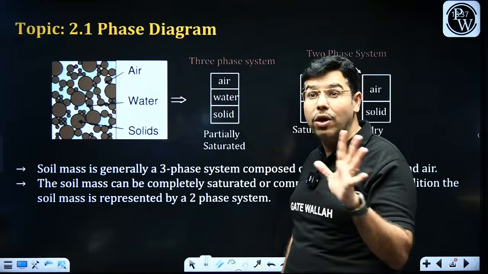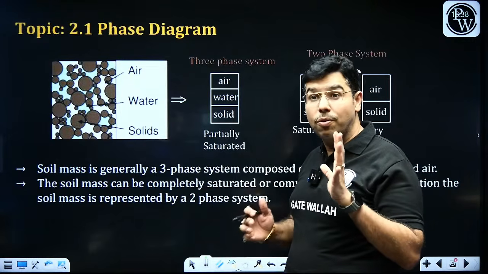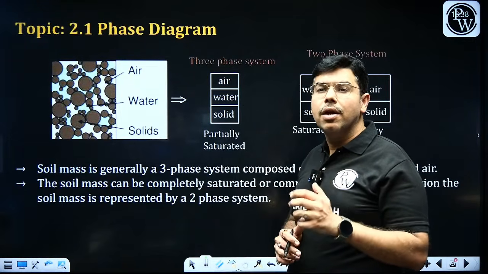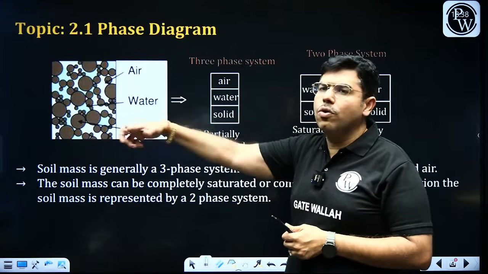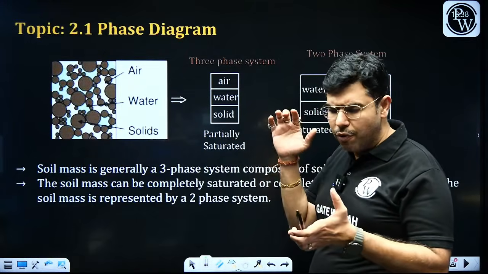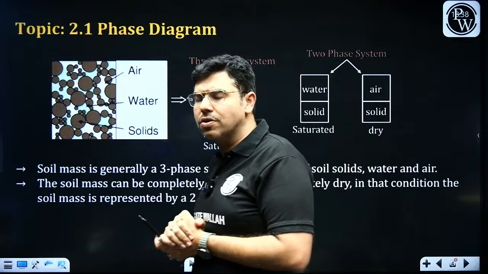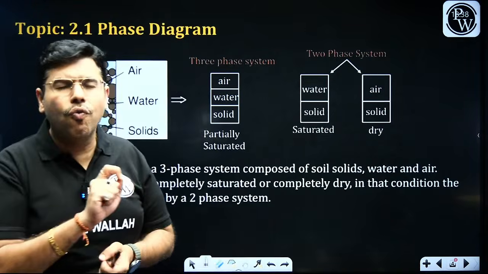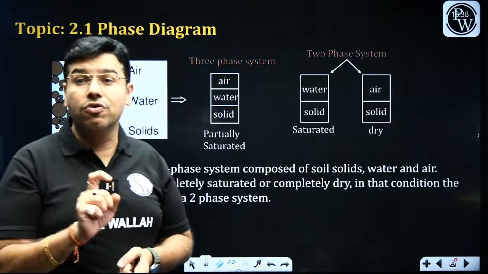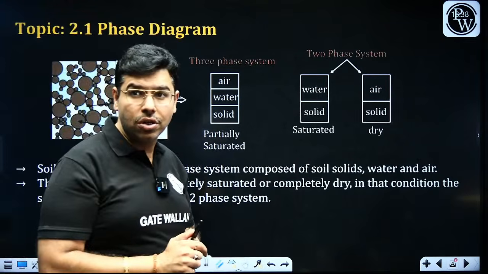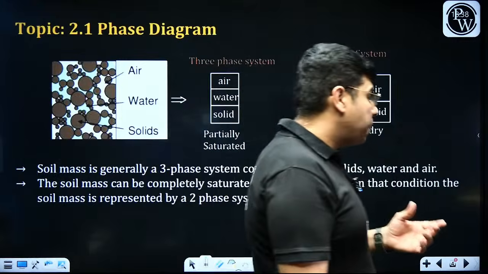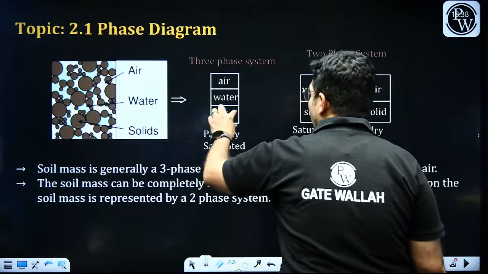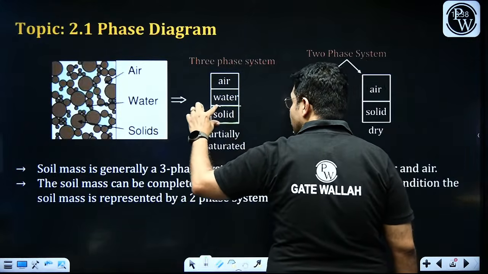You are not doing any such thing. Try to imagine what I am saying: if you only take out the soil solids and pack them such that there are no voids between them, it's a hypothetical situation. So the space that would be occupied by the soil solids will be this much.